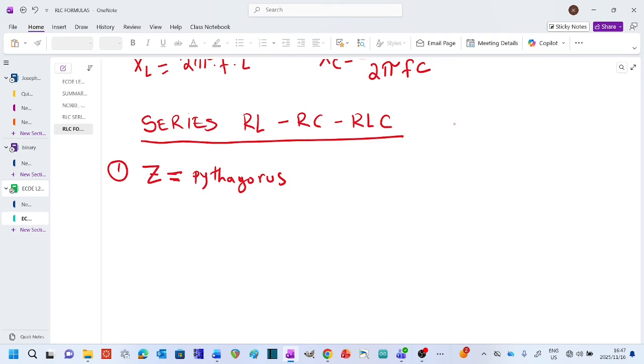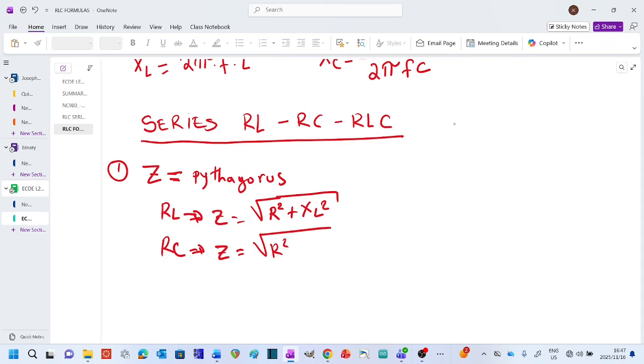So if you are dealing with the RL, your Z is equal to the square root of R, which is your A, squared plus XL, which is your B, squared. So that's how you determine it. So when you are dealing with the RC, your impedance is going to be equal to the square root of R squared plus XC squared.